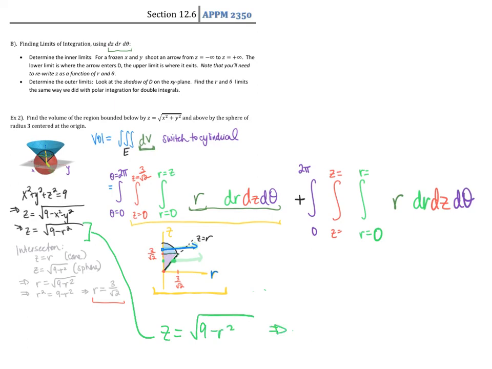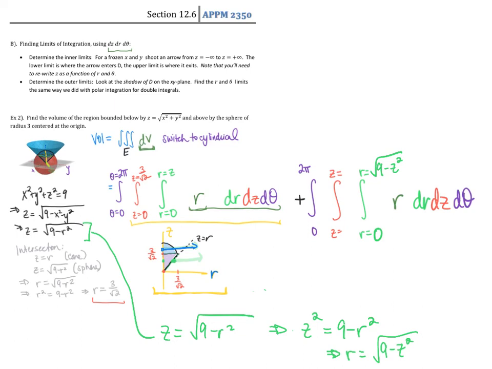So we're going to solve that for r. That means z squared is equal to 9 minus r squared, and so r is the positive square root of 9 minus z squared. I'm using the positive because r can only be positive. We restrict r to stay positive so that we have a unique representation for each point.